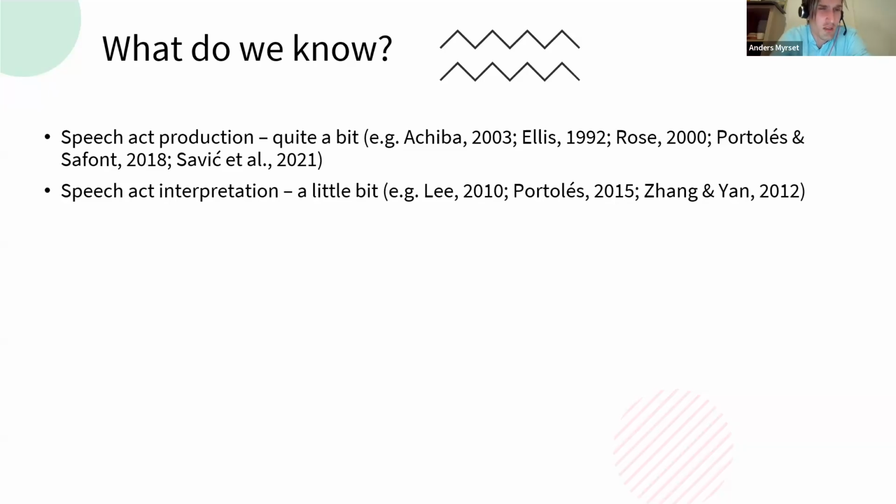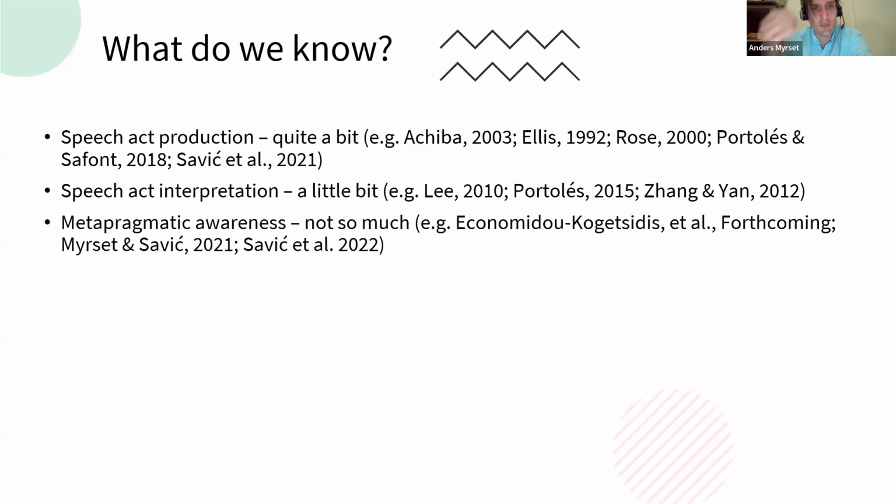When it comes to interpretation of speech acts, we know a little bit. So studies that have looked at how learners find utterances appropriate or inappropriate and so on. There are some studies that have explored this. When it comes to metapragmatic awareness, so learners' ability to verbalize reflections, we don't know that much.